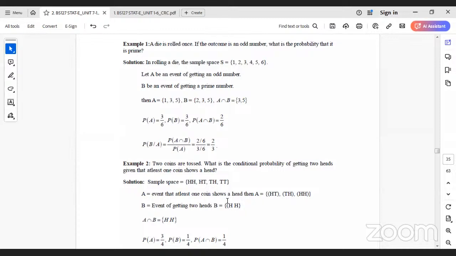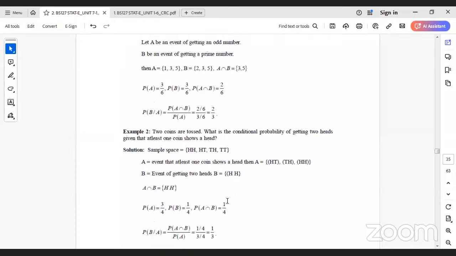Two coins are tossed. What is the conditional probability of getting 2 heads given that at least 1 coin shows heads? The outcomes are head-head, head-tail, tail-head, tail-tail. Let A be the event that at least 1 coin shows head, so P of A is 3 by 4.